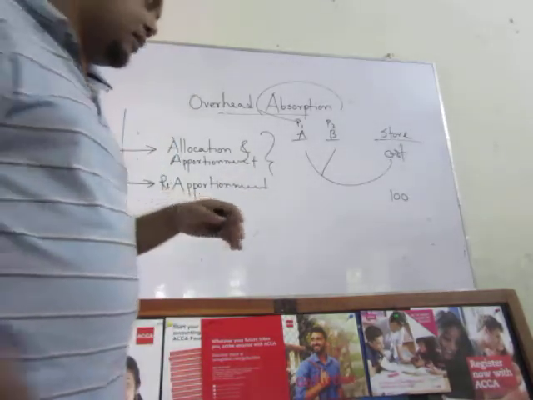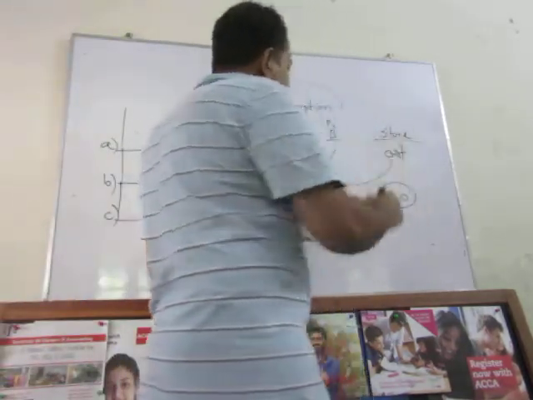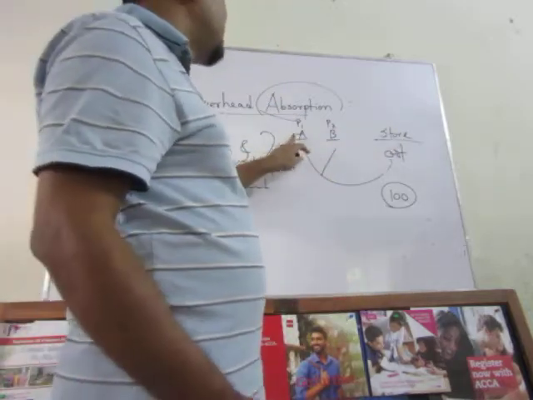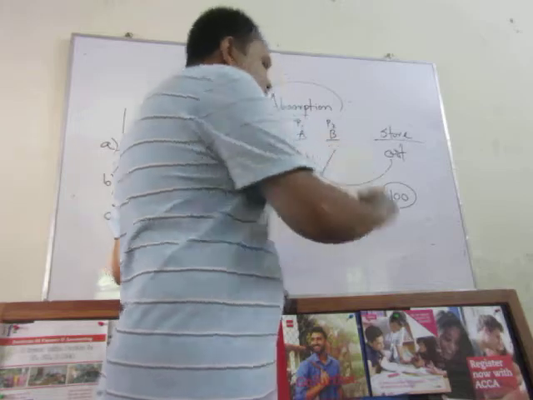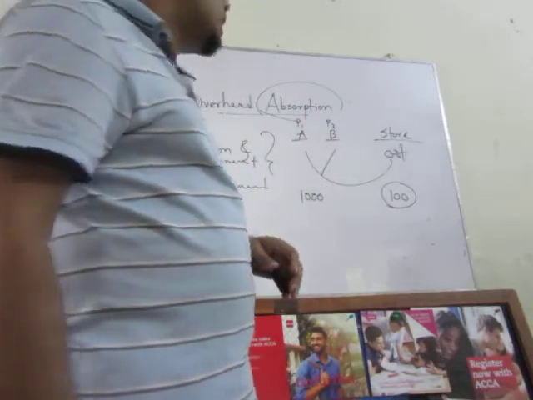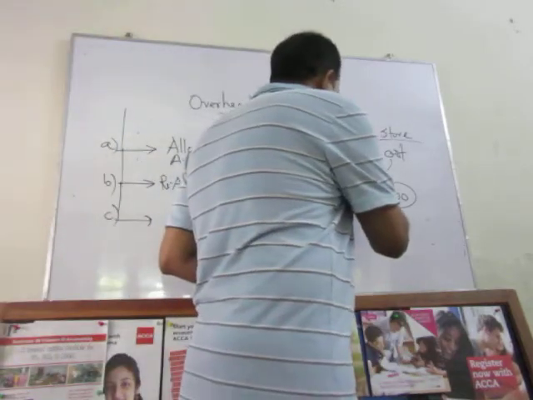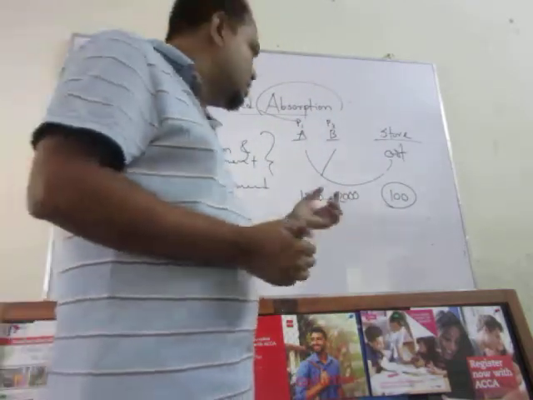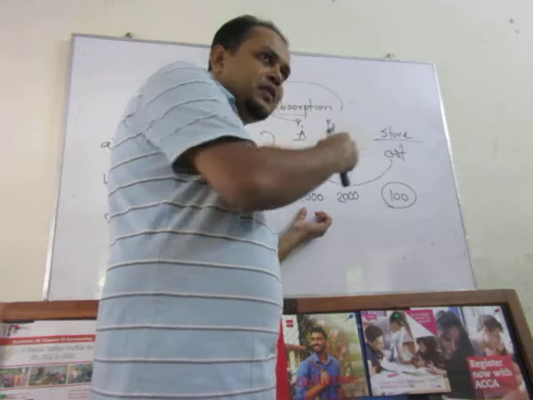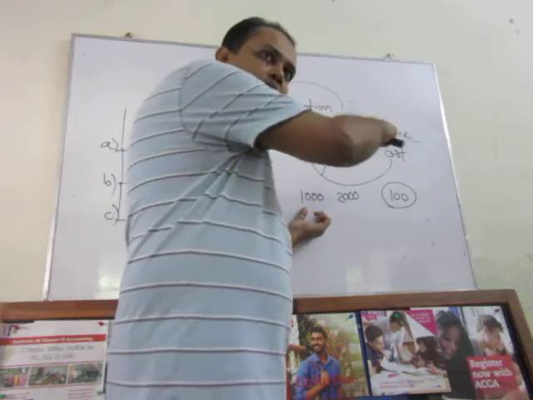Another example: suppose store department, production department A requisitions $1,000 of material and production department B requisitions $2,000 of material. So this requisition is a kind of service these departments have taken from the store.